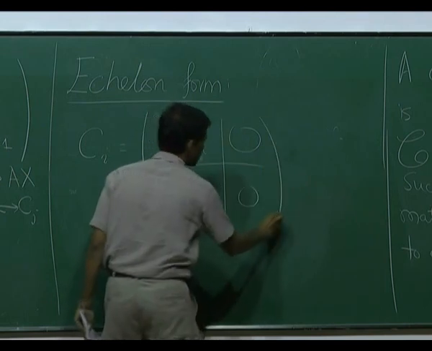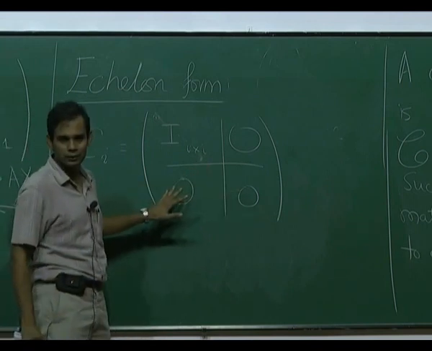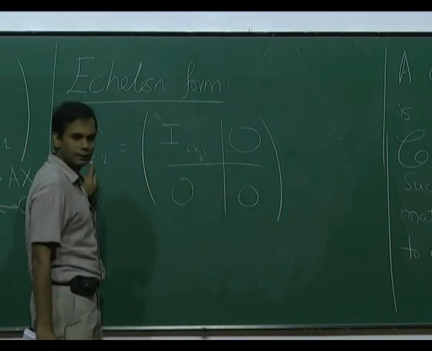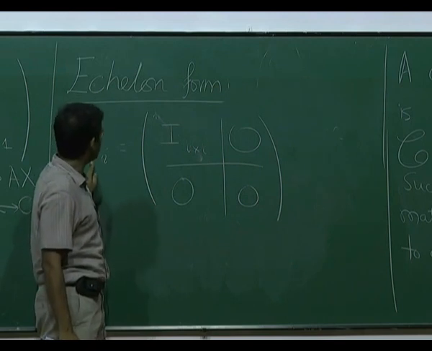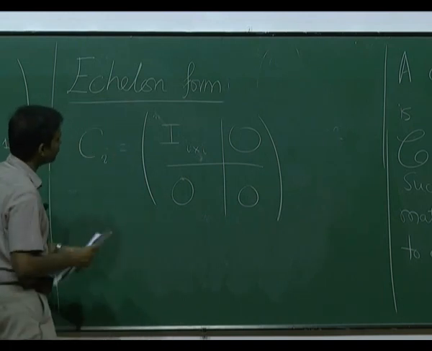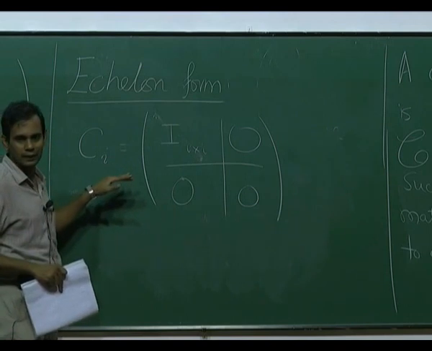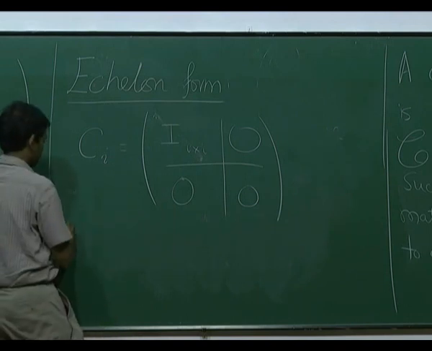This is a block matrix. Whatever space is left, you fill it with zeros. Call this Ci. Then this is called an echelon form, and every matrix can be reduced to one of the matrices Ci by elementary row and column operations.